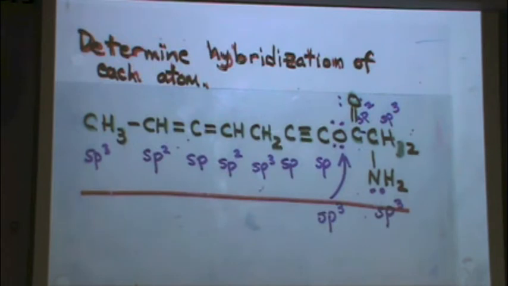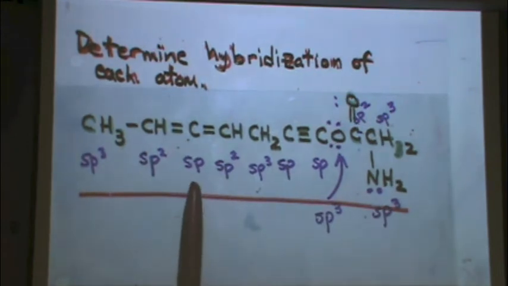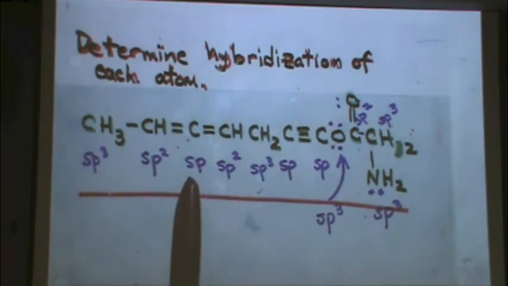Carbons, except for one of them, with double bonds are sp2 hybridized. And carbons with triple bonds are sp hybridized. You notice the pattern now? So single bonds, you're going to get an sp3 with carbon. You got one double bond on carbon, that'll be an sp2. If you got a triple bond on carbon, that'll cause you an sp. Okay? So the only kind of funny one here is this one in the middle. 2 double bonds will also cause an sp.